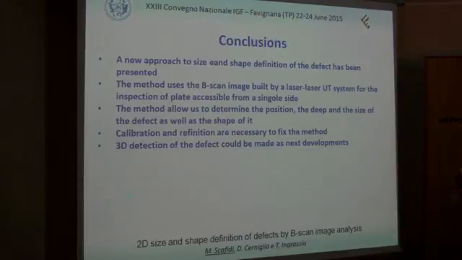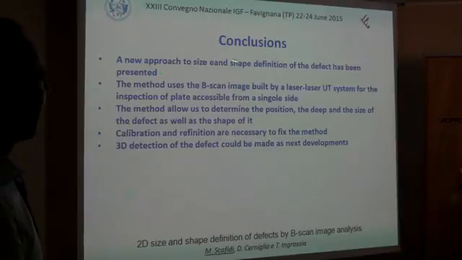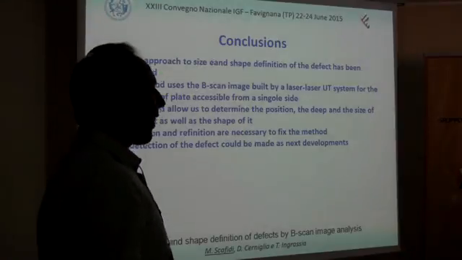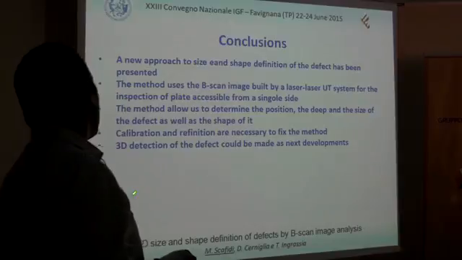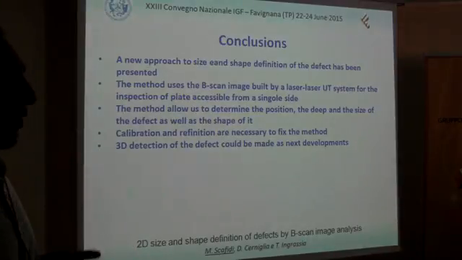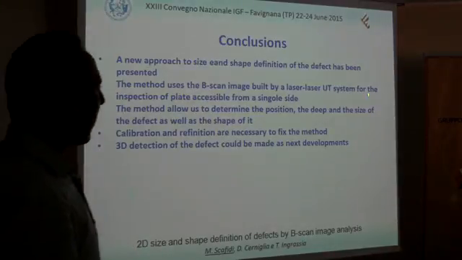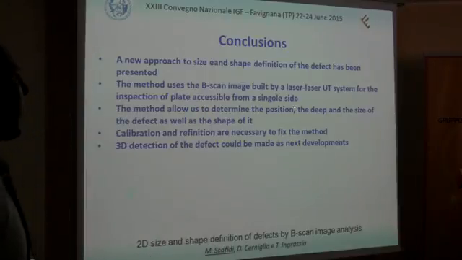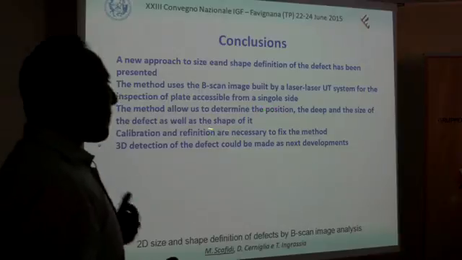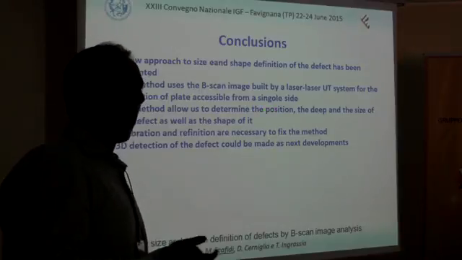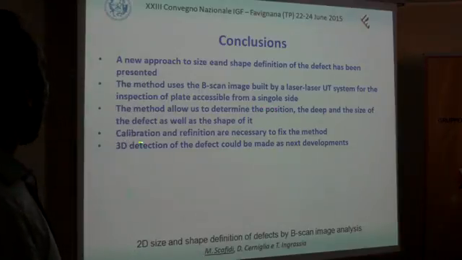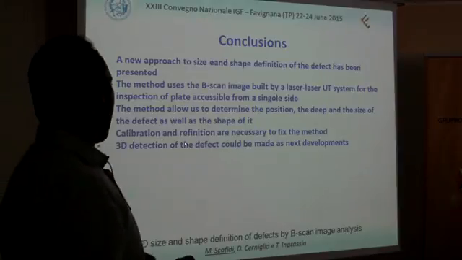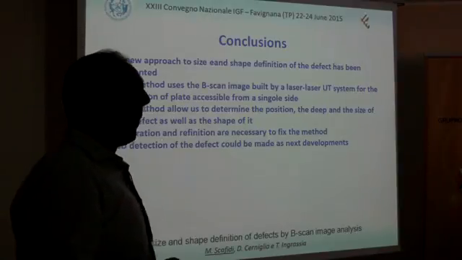Concluding, we study a new approach to size and shape definition of the defect, and the method uses a B-scan image built by a laser UT system. The method allows us to determine the position, the size, and part of the shape. We are studying on calibrate, refining this method.